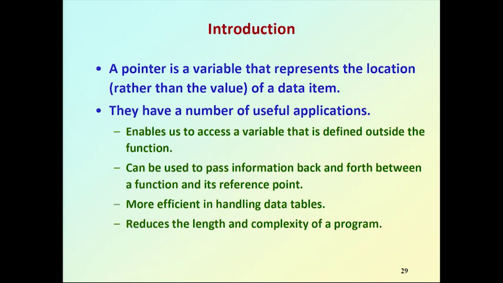So this is sometimes called indirect accessing. This can be used to pass information back and forth between a function and its reference points. So using pointers, we can actually swap that thing. We read that. They are more efficient in handling data tables, and reduce the length and complexity of a program. So if we learn properly, we will see that writing C programs, and complex programs, will actually be easier.